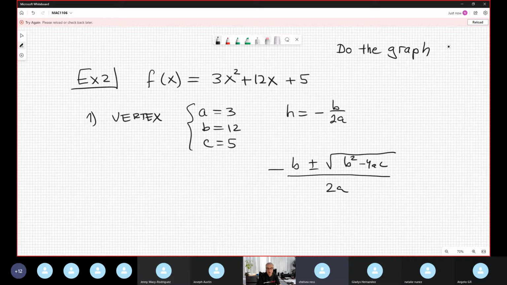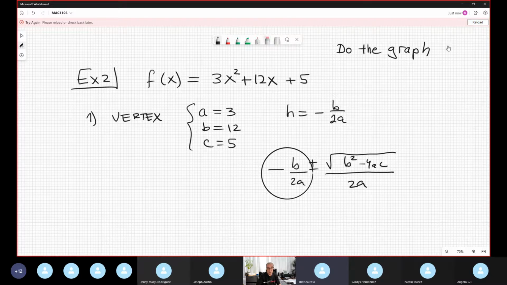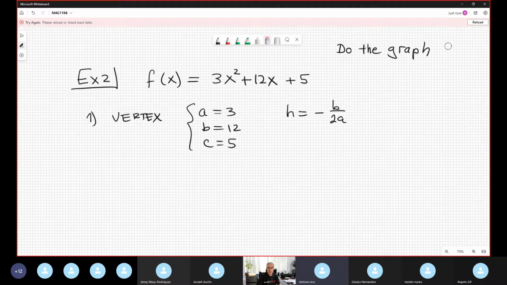However, you can, if you want, split 2a like that and like that. And this part is h. But this is maybe one mnemonic device to remember h.